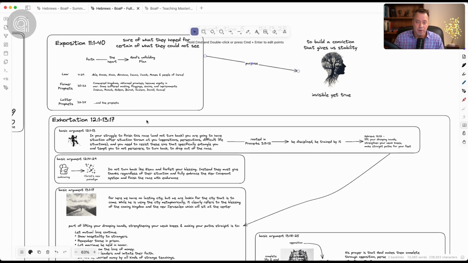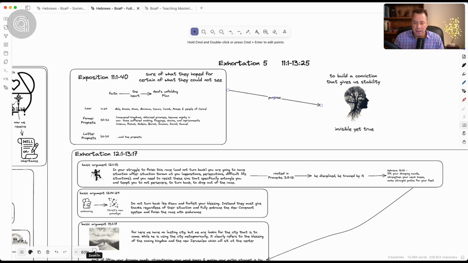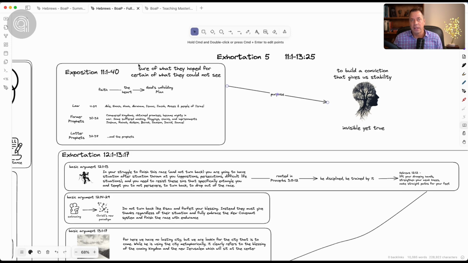Most people, if they're not familiar at all with the book of Hebrews, might be familiar with Hebrews 11, because this is the list of all the characters, of how they've been and who has been faithful. And it starts off by saying these people were sure of what they hoped for, and certain of what they could not see.